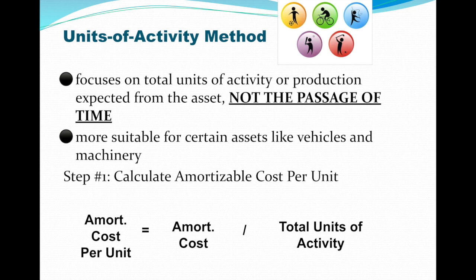Now, the total units of activity is something that's estimated. It's very similar in concept to an asset's useful life. Like a piece of equipment that's designed to, say, compress pieces of metal together. There might be a way to estimate how many compressions it can do before it gives out. And that's something that would be estimated by the manufacturer.